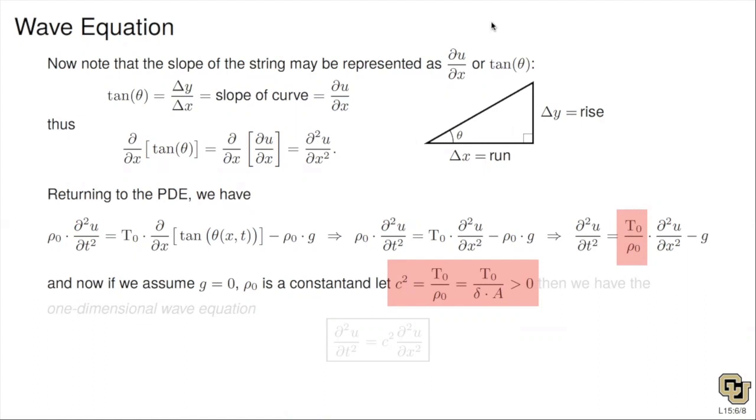I think when we do some other analysis of it, c, the square root of this term, turns out to be a speed. And so I think they're calling it c squared because eventually in the analysis, we'll be interested in looking at the square root of this thing. Okay, so I'll come back to why we're using c squared specifically.